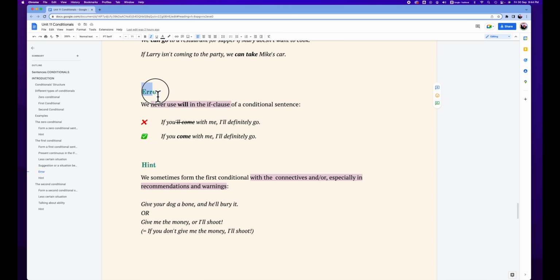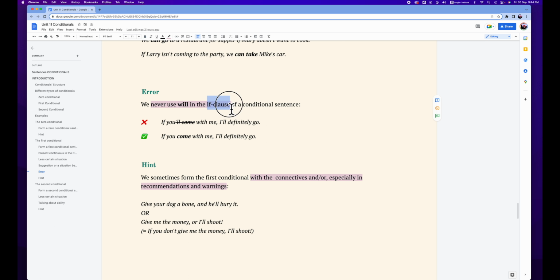There are some hints and some common mistakes that a lot of students make, or something that is helpful for using first conditionals. Let's take a look. What are they? Common mistakes: we never use the modal verb will for the first part, part A, the if clause.